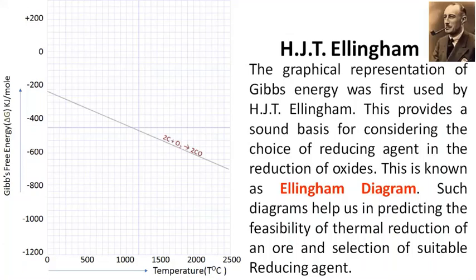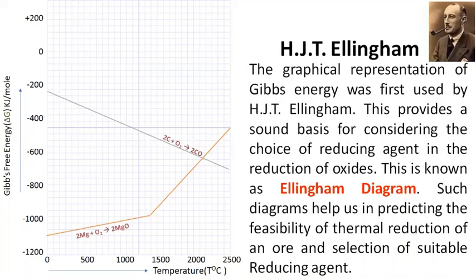If you see the graph here, in our previous class we saw the downward slope of formation of carbon monoxide from carbon, and all the reasons behind why it is a downward slope. Now, here you can see the graphical representation of formation of magnesium oxide.